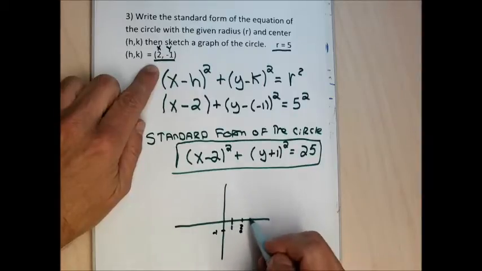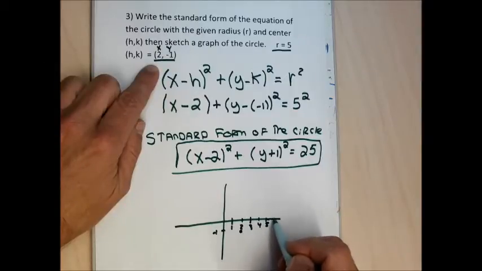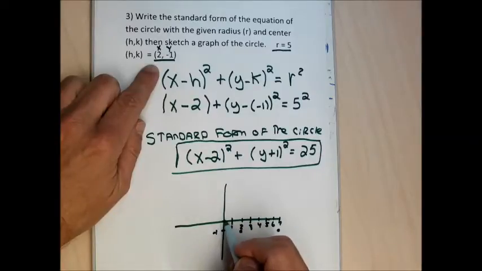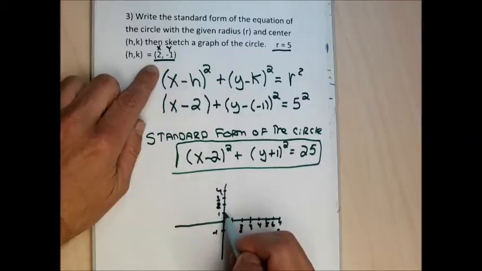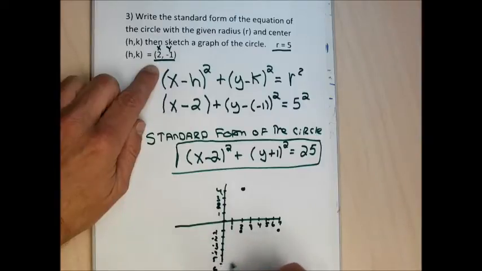And then I need to go right 1, 2, 3, 4, 5, make a dot, up 1, 2, 3, 4, 5 from the center, down 1, 2, 3, 4, 5, and left 1, 2, 3, 4, 5.